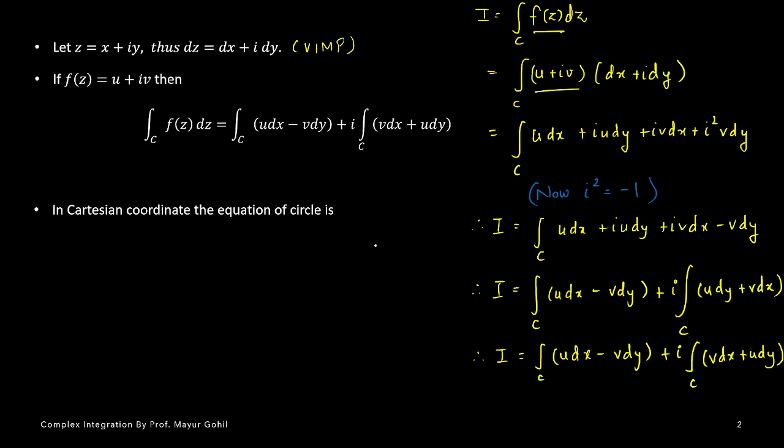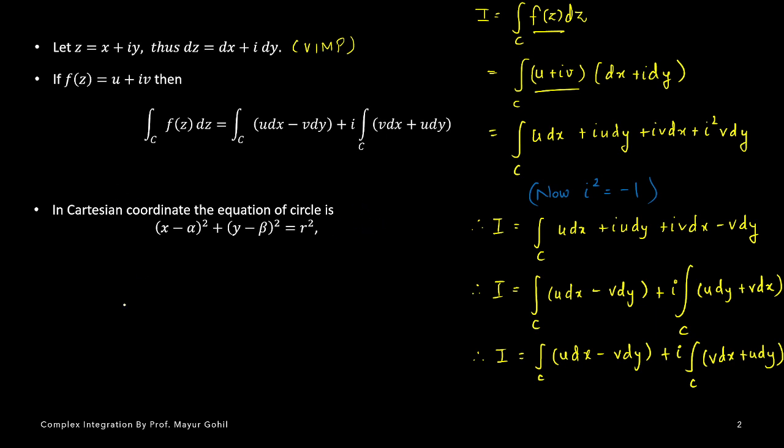In Cartesian coordinates, the equation of the circle is given in this manner: x minus alpha the whole square plus y minus beta the whole square equals r square, where I hope you remember that alpha and beta are going to be the center of the circle.